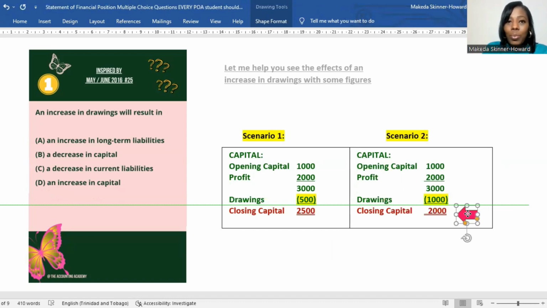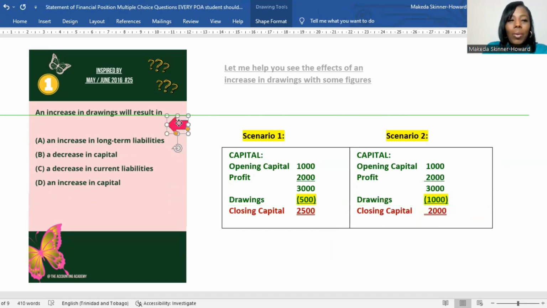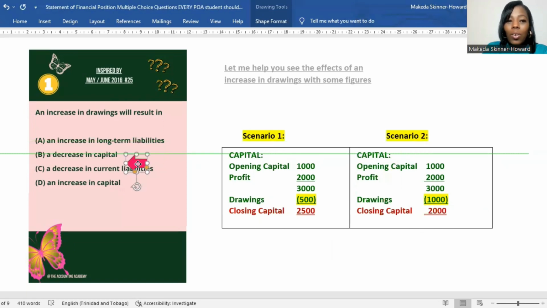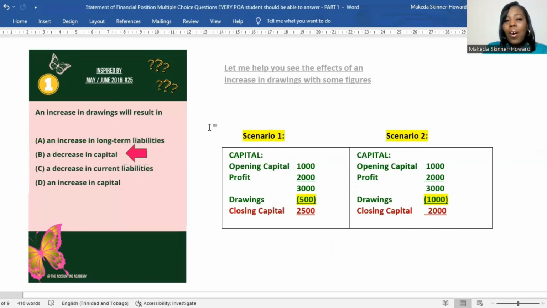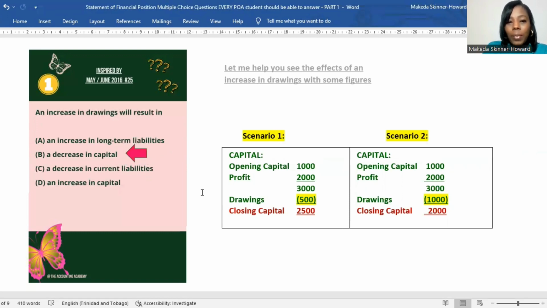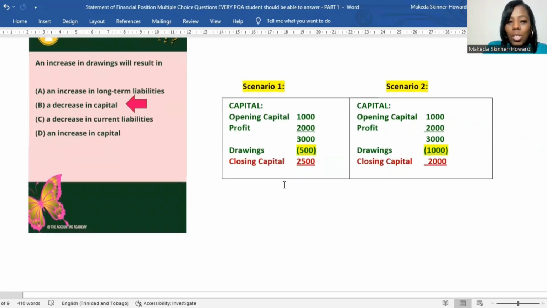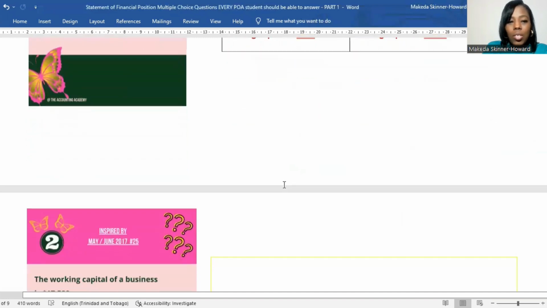So it proves the point that when we increase drawings, our capital will decrease. So this is something you can learn off, but I want you to understand how drawings affect your capital. All right? If you're okay with that, drop a 1 in the chat for me. If you understood what I just shared there, drop a 1 in the chat.